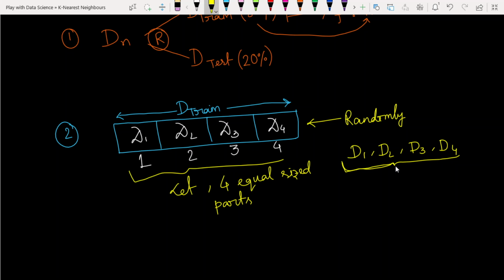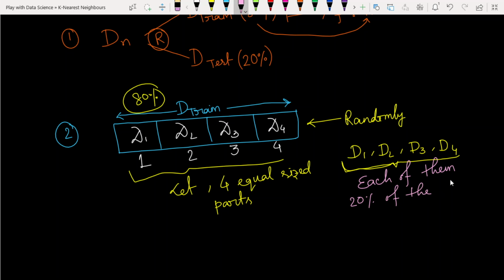Since the 4 partitions are equal sized and the whole train data occupies 80% of the whole data, each small chunk of the train data occupies 20% of the whole data. I think this concept is clear.